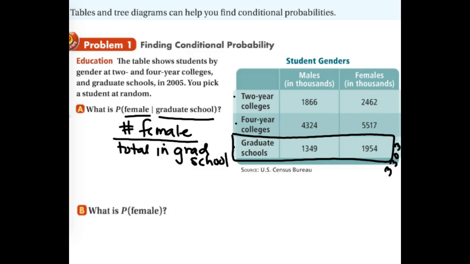So our probability here would be our total number of females, 1954, divided by the total number in grad school, which was 3303. Okay. Let's go ahead and get a percent for that. 59%? Okay.